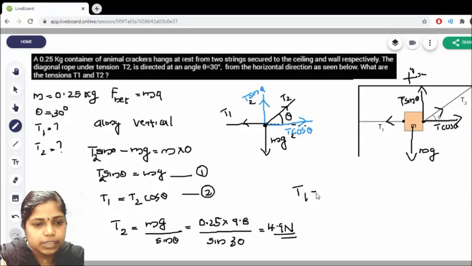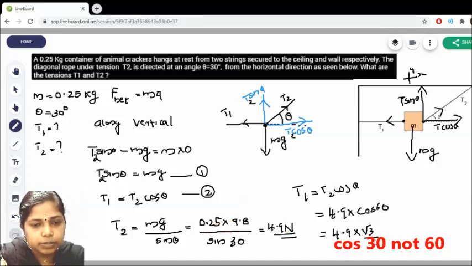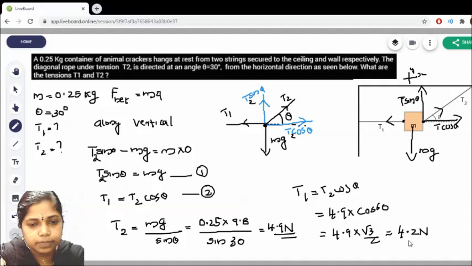So T1 is equal to T2 cos theta, which is equal to 4.9 into cos 60, which is 4.9 into root 3 by 2. While doing this approximately, you will get the answer as 4.2 Newton. So we got the values of T1 and T2.